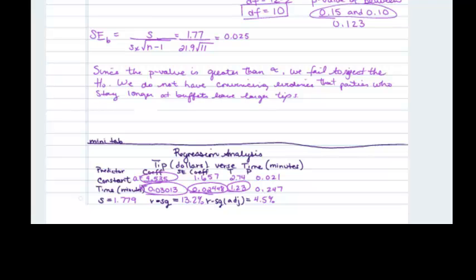Now be careful, because look at what the p value would be. The computer output that will be given to you will be two-tailed. So it will be giving you that for here to here and here to here, which is 0.247.